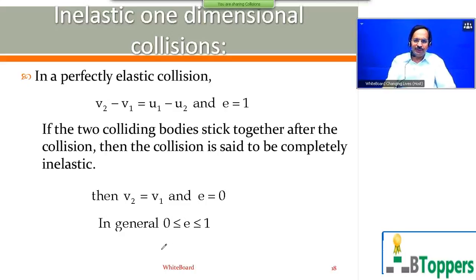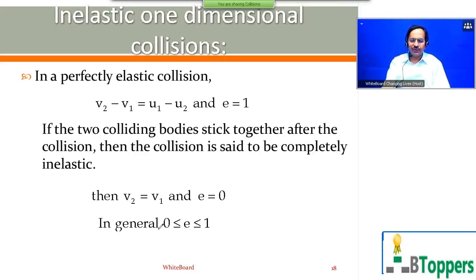So in general, for a one-dimensional inelastic collision, e lies between 0 and 1. Those who are writing the notes can pause and complete writing up to here. In case you need more time to copy the notes, you can pause.